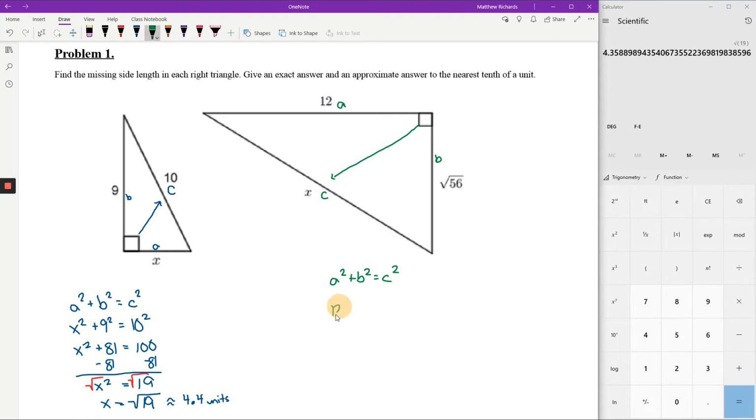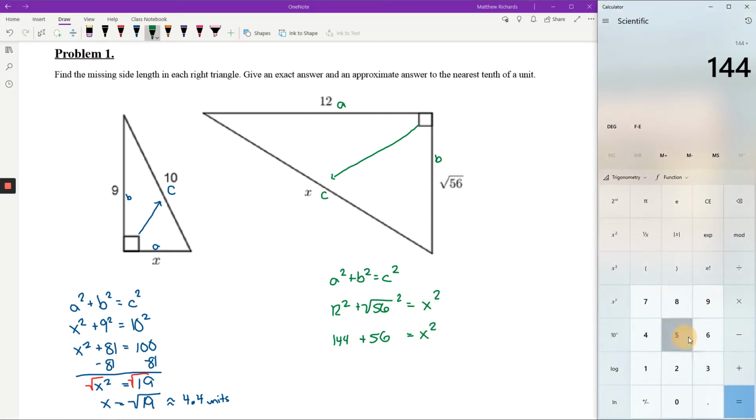And so 12 squared plus B squared. We know our B squared this time. That is the square root of 56 squared, which is 56, equals x squared. 12 squared is 144.